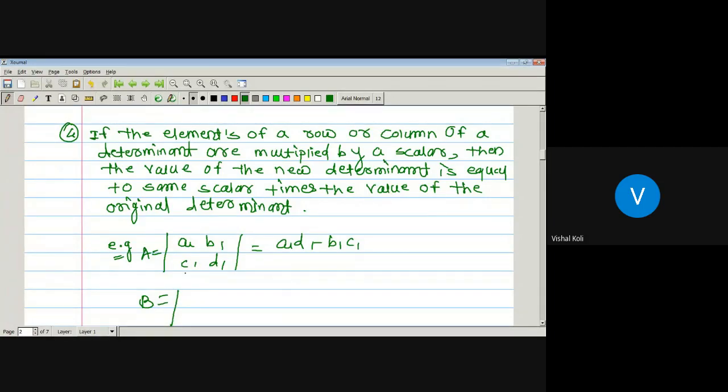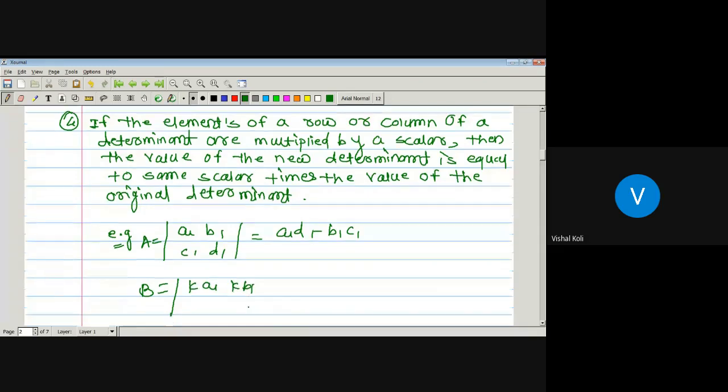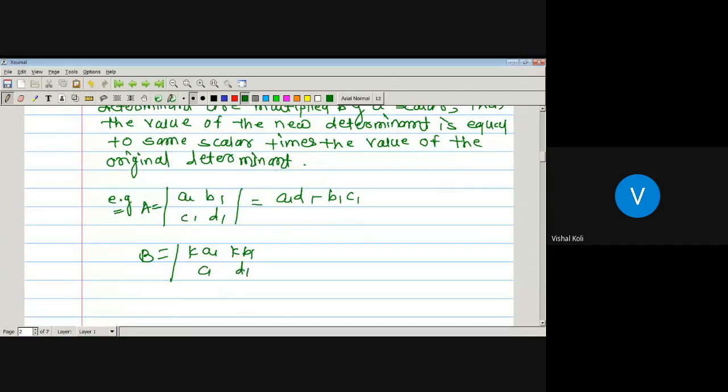Suppose k a1 and k b1, and the second row as it is, c1 d1. Then its determinant value will be k a1 d1 minus k b1 c1, which is equal to k times (a1 d1 minus b1 c1), and this is nothing but k times the determinant value of the original. Okay, so this will be the fourth property.